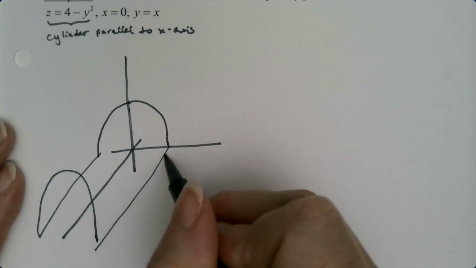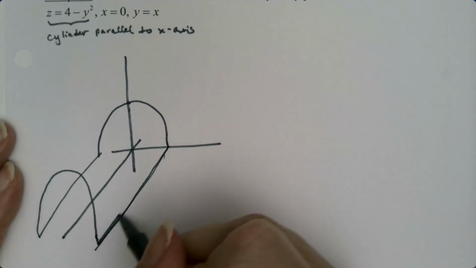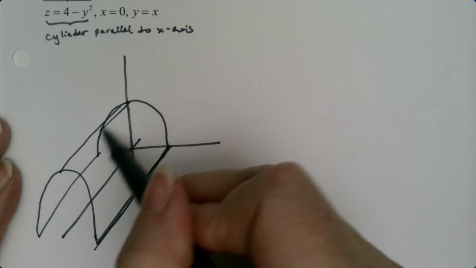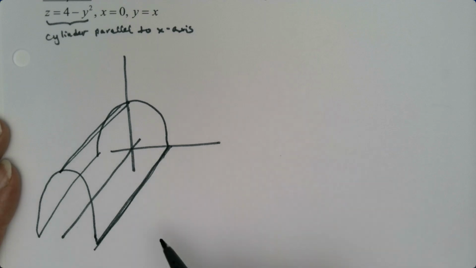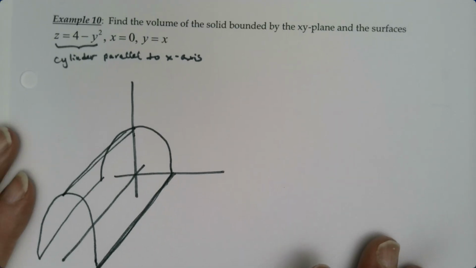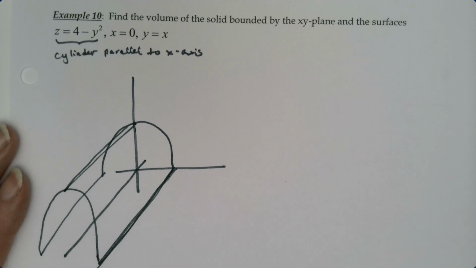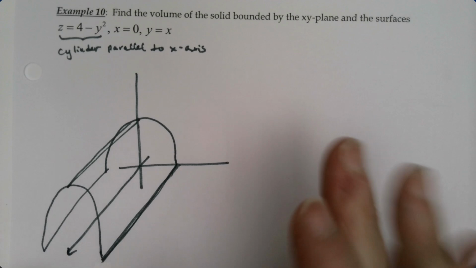It didn't join up exactly as I wanted it to. There we go. Okay, so we have this parabola, and it works like that. Now, we're not doing the whole parabola, thankfully, because it keeps going forever, so we can't do that. Right? It's a cylinder, excuse me, it's a cylinder, so it goes forever in the x-axis direction. So that's not going to be any good.